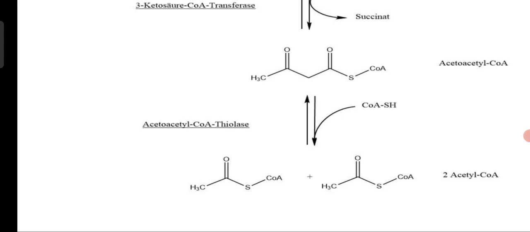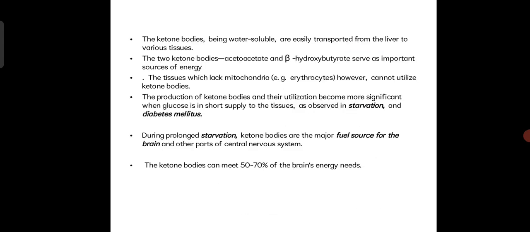So in ketogenesis, we start with 2 acetyl CoA and end with 3-hydroxybutyrate and acetone. In ketolysis, we start with 3-hydroxybutyrate and end with 2 acetyl CoA. Means the same process takes place in reverse. That is ketolysis.